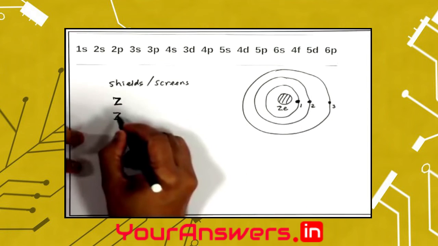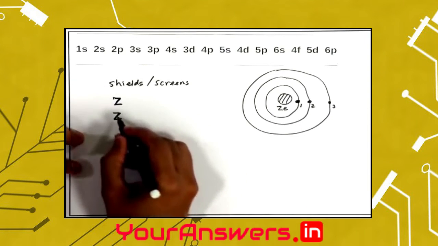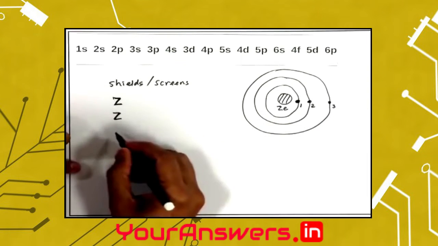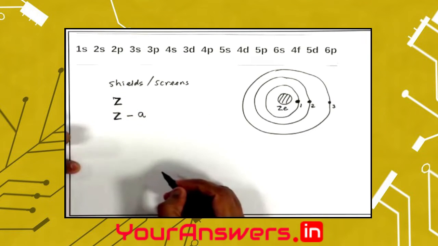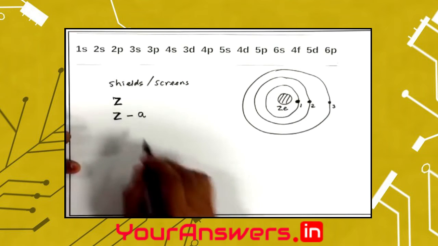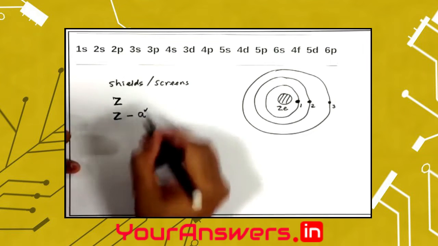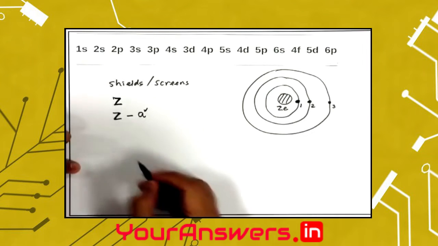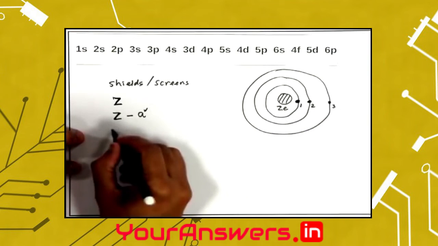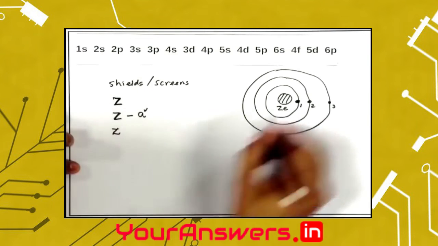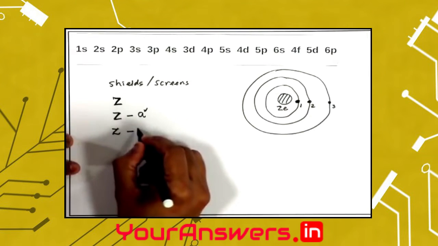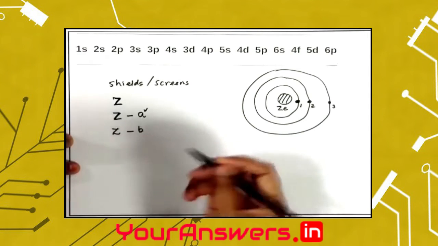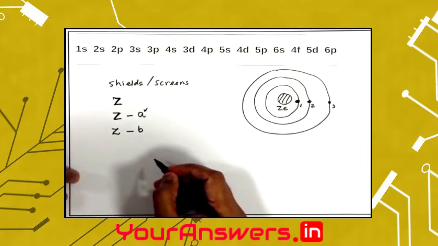So electron number 2 will feel as if there is not Z charge on the nucleus, rather Z minus A. We do not know what this number is, but A is a small quantity compared to Z. Similarly, electron number 3 will not see the full nuclear charge Z, rather it will see Z minus B, where B is another small quantity.